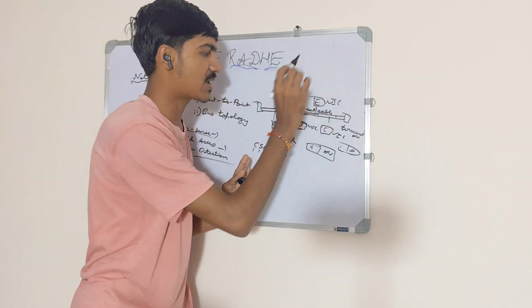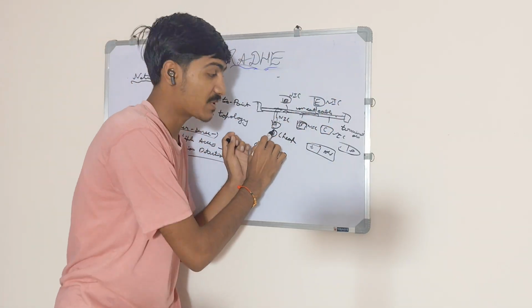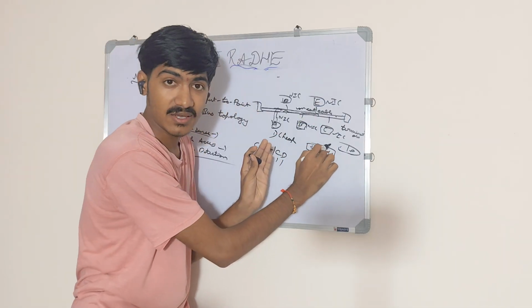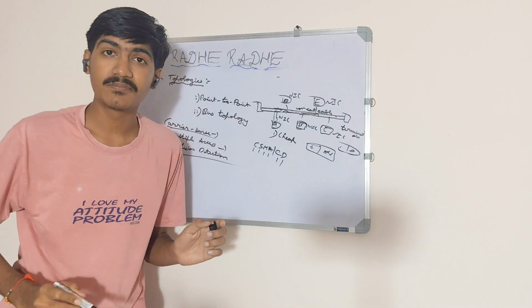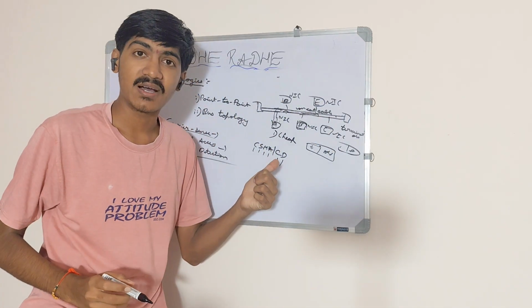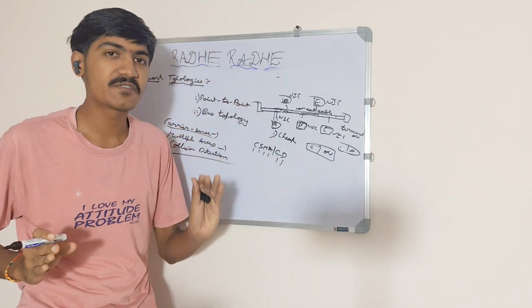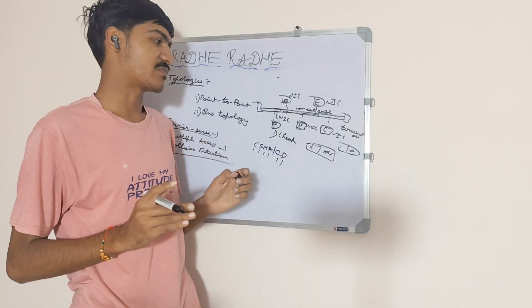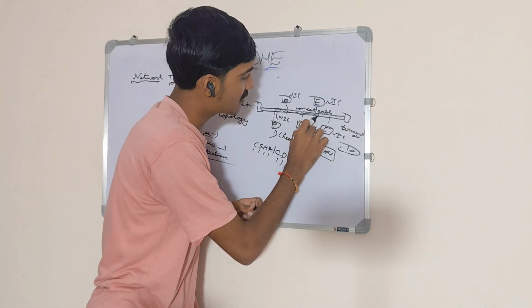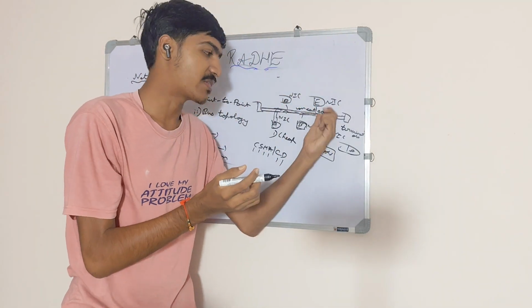Now when the data is traveling here from A to E, the NIC of another device will sense the data. It will check, oh, some data is there, I am not going to send it. It will wait for some moment of time. Once the cable becomes free, it will sense again.